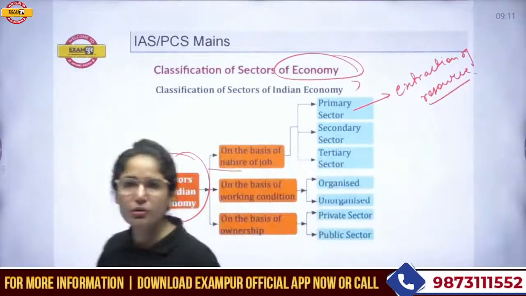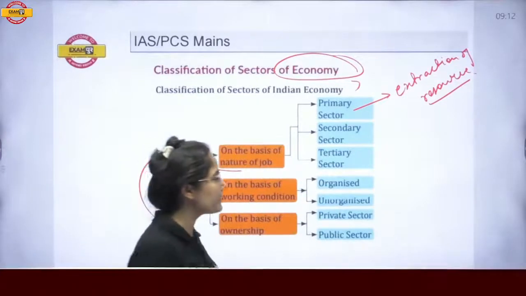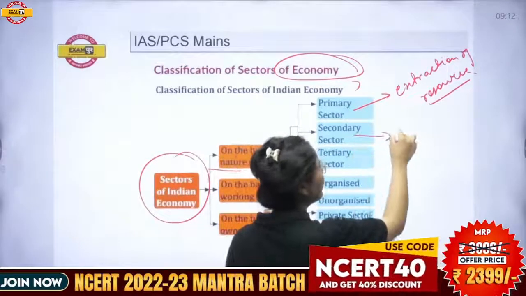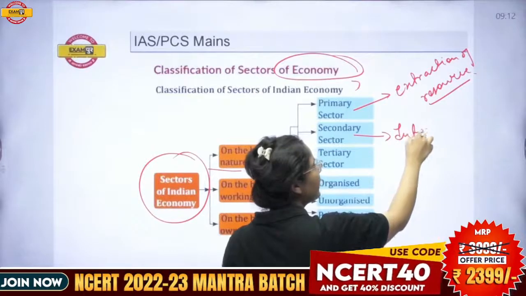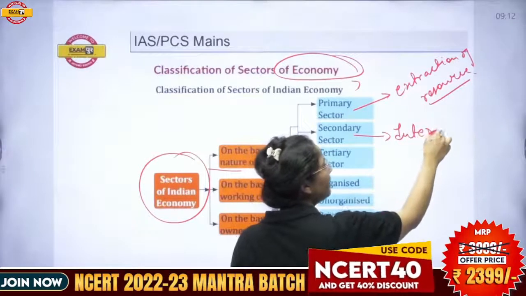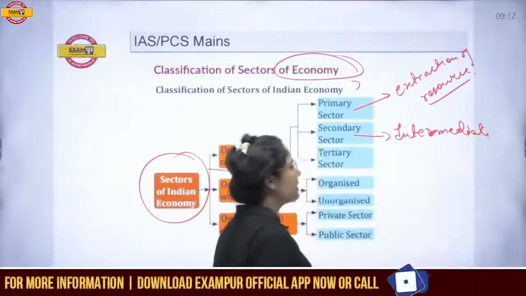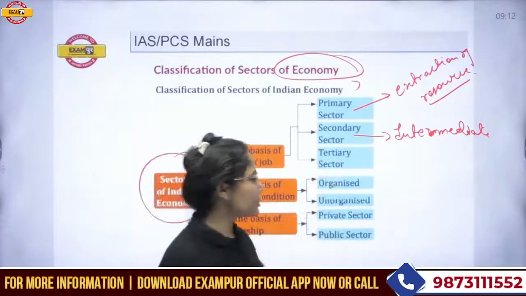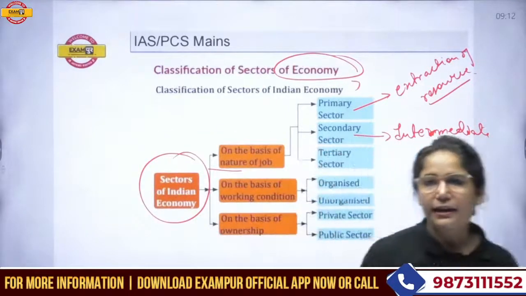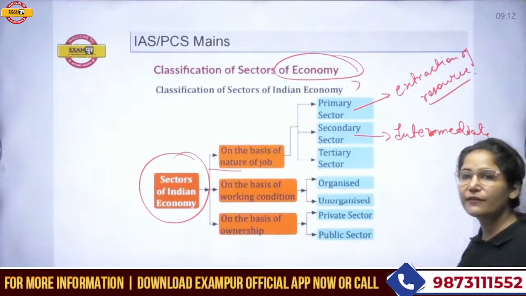If we are talking about the secondary sector, this would be considered the intermediate stage between agriculture and the service sector. The tertiary sector would be there in the case of providing services.